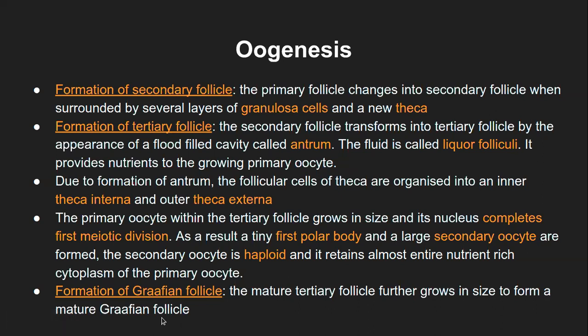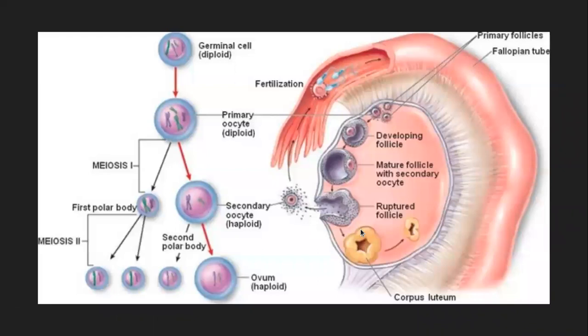Now again remember, we spoke only of the primary oocyte. Okay, let me go back here. We spoke of the primary oocyte. Around this primary oocyte, there was follicular epithelium developed into granulosa cells and theca interna and theca externa, right, in subsequent stages.